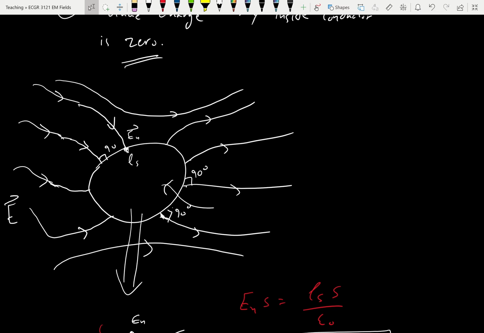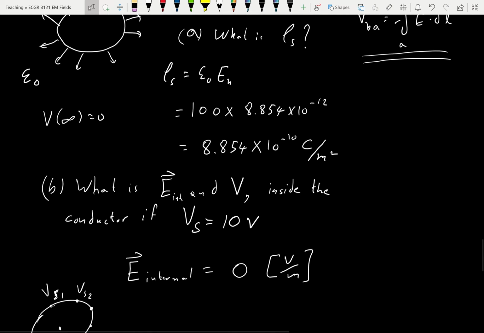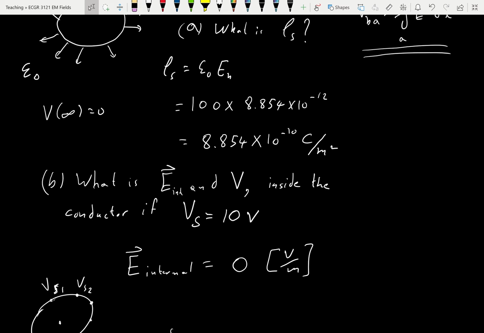That is the basic property. Another way of describing it, which harkens back to what you learned in circuits, is that the conductor is something with a zero voltage drop, right? An ideal conductor, a short circuit.